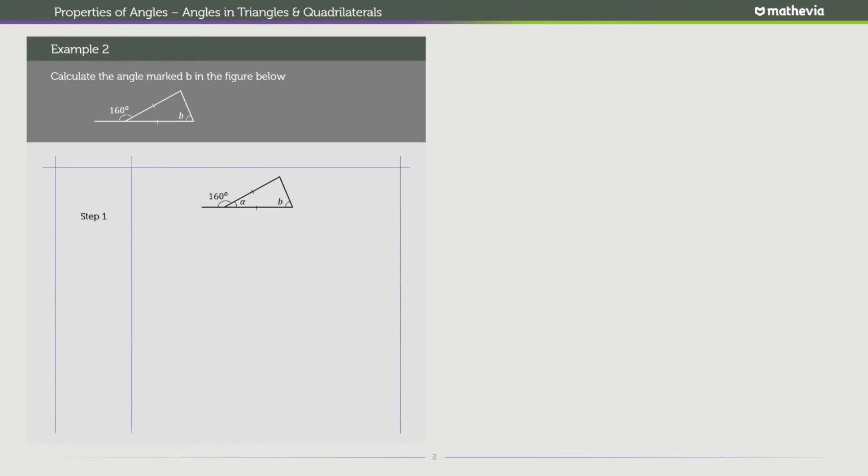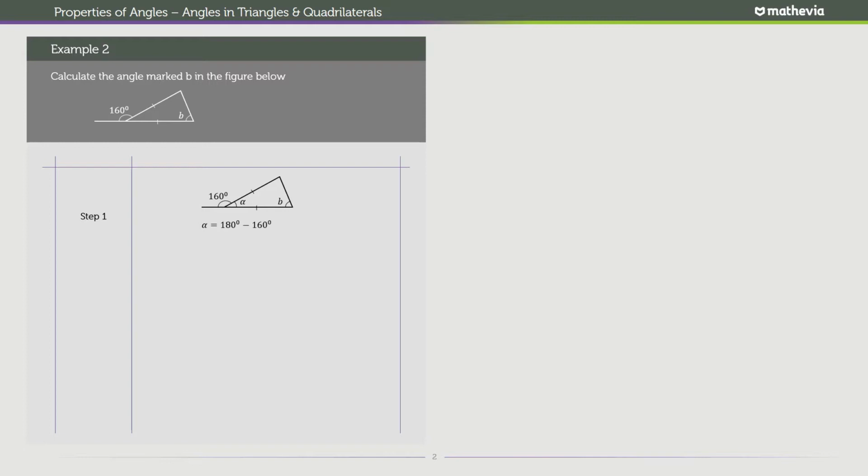Now, we have our triangle, and I'm going to introduce an angle. I'm going to introduce alpha. You see I've introduced an angle there. Basically, alpha should equal 180 degrees minus 160 degrees, because alpha and 160 degrees are adjacent angles on a straight line.